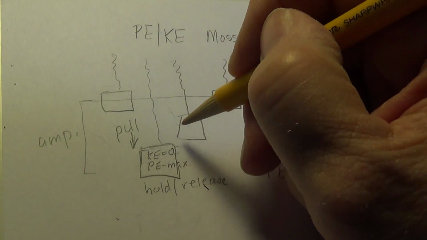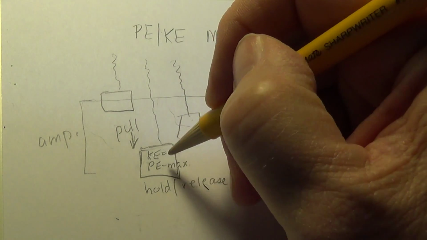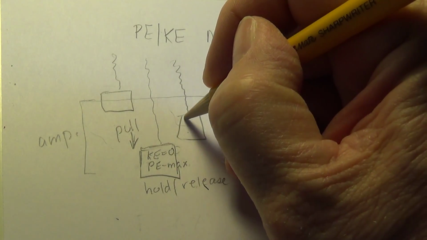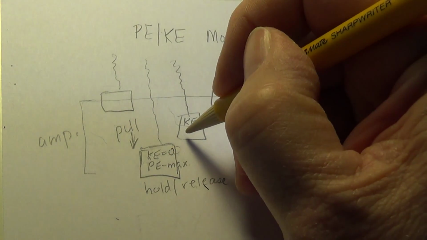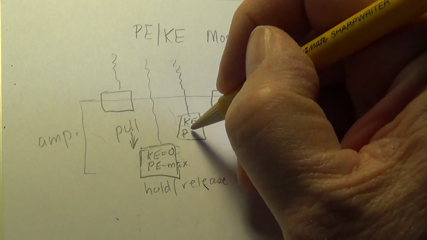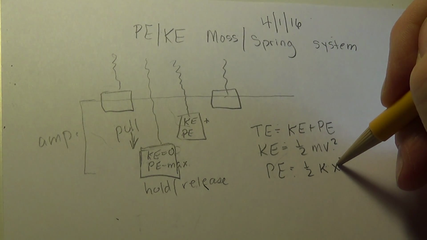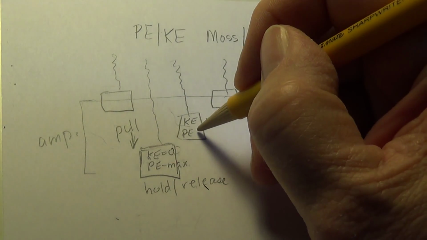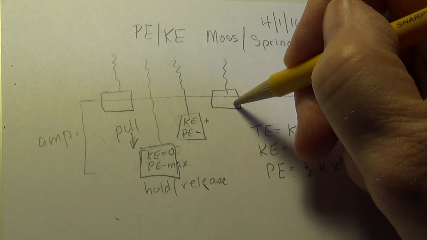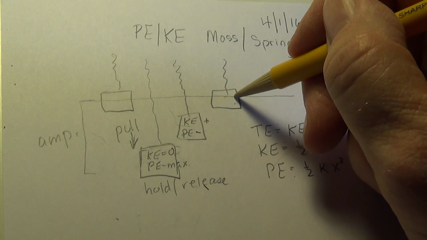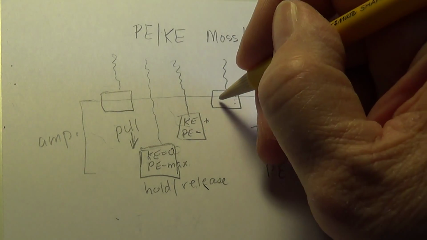Then as it goes up, we remember velocity increases, so does kinetic energy. So I'll say kinetic energy went up, and potential energy, because the x, the distance from where it is to equilibrium, is smaller, potential energy went down. And here, right at equilibrium, the velocity, you'll remember, is at the max, so is kinetic energy.